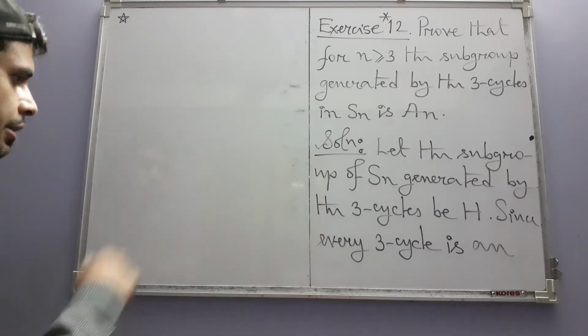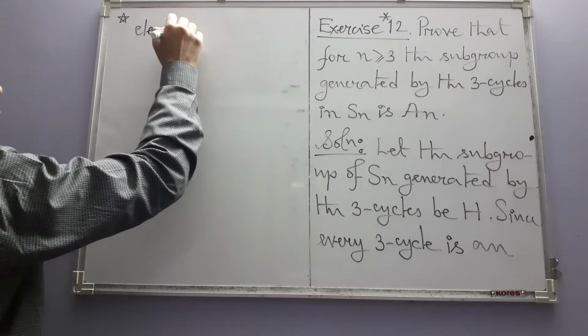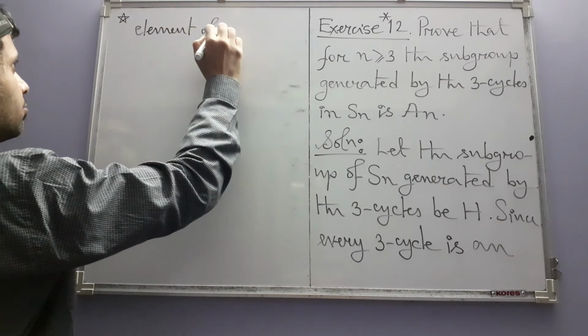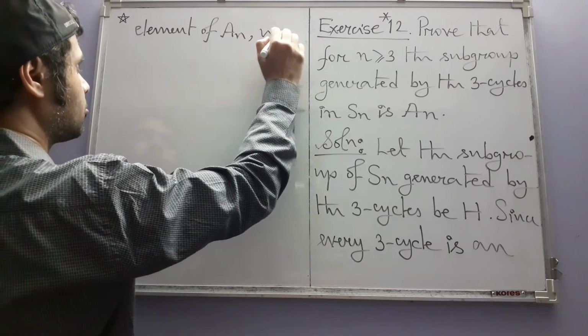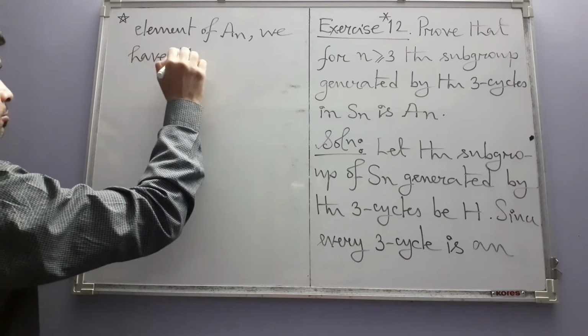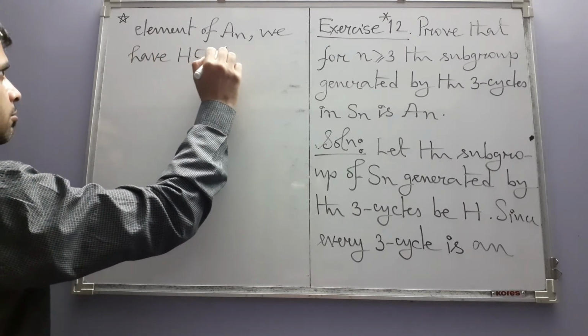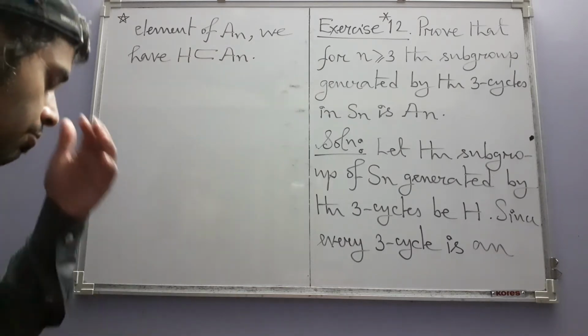Since every 3-cycle is an element of An, we have this thing. Why?